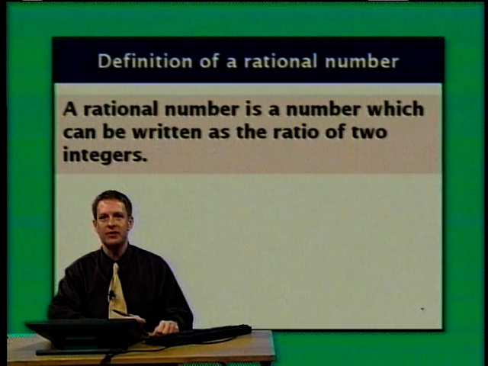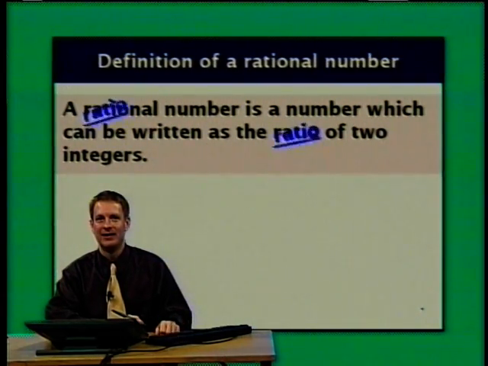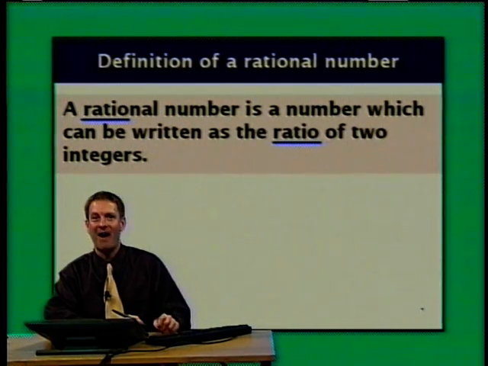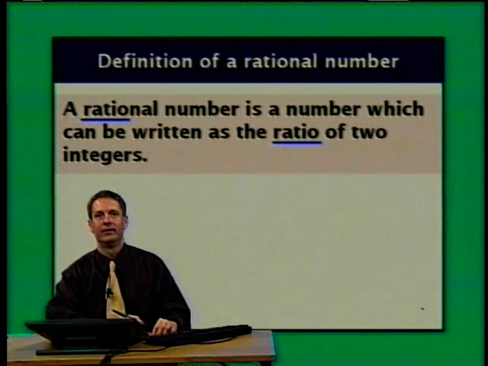A rational number is a number which can be written as the ratio of two integers. Let's see if the words rational and ratio have anything in common. Oh yeah, they do. The letters R-A-T-I-O. So I guess we could say a rational number is a rational number, but that kind of tied my tongue up, so I think I'm going to move to the next slide.